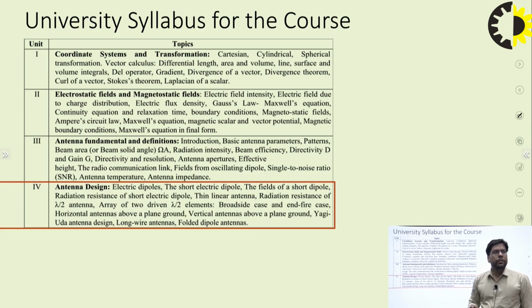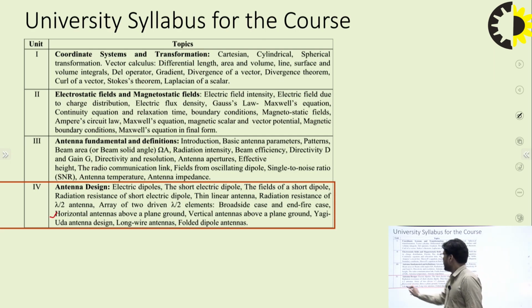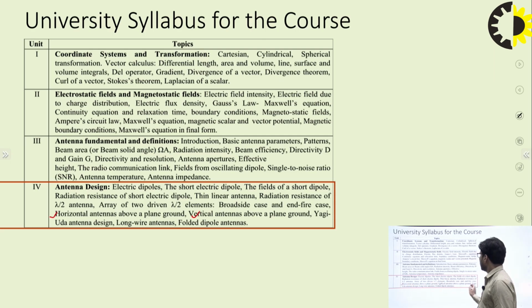The unit name is antenna design, where you can see different kinds of electric dipole, short dipole, electric fields of the dipoles, array of the dipoles, and at last different kinds of antennas such as horizontal antennas, vertical antennas above the ground plane, and Yagi-Uda antennas. These kinds of antennas we will study in this lecture.